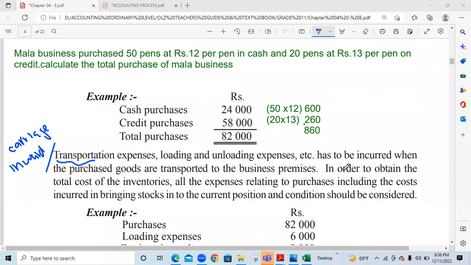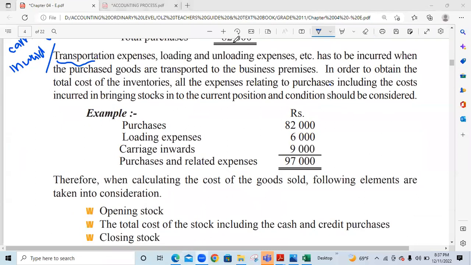Expenses incurred to bring the goods to the business location and to a proper condition. All the costs you incur to do this we call purchase related expenses. Examples are transport cost, loading expenses, unloading expenses.